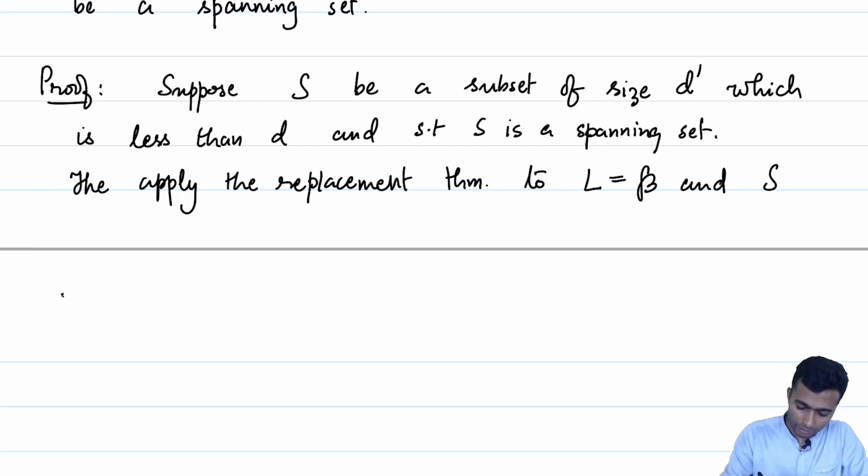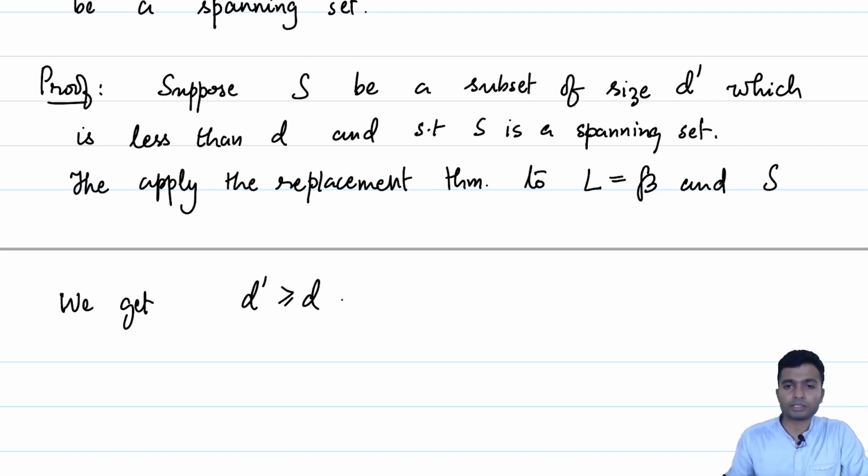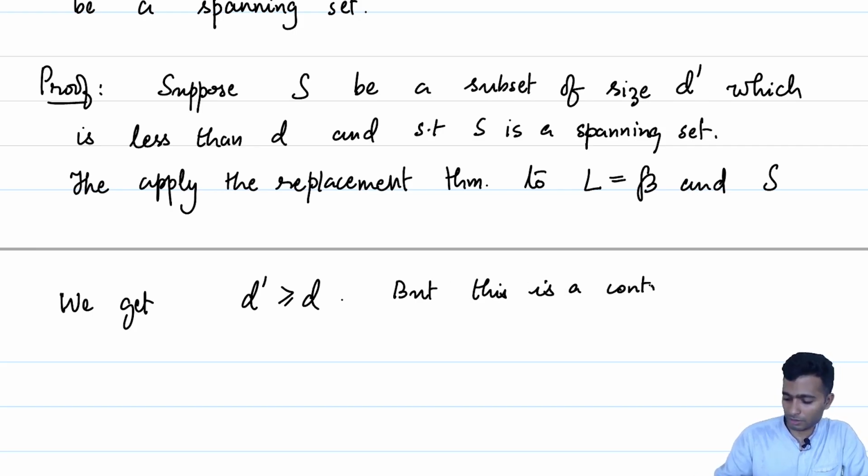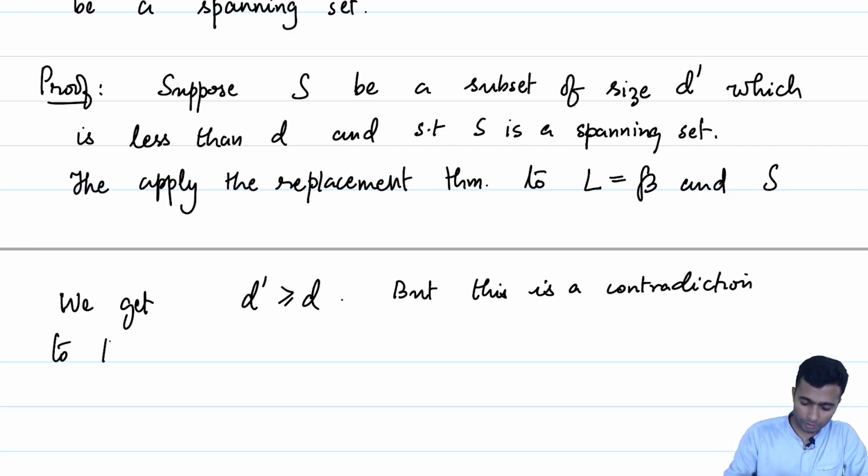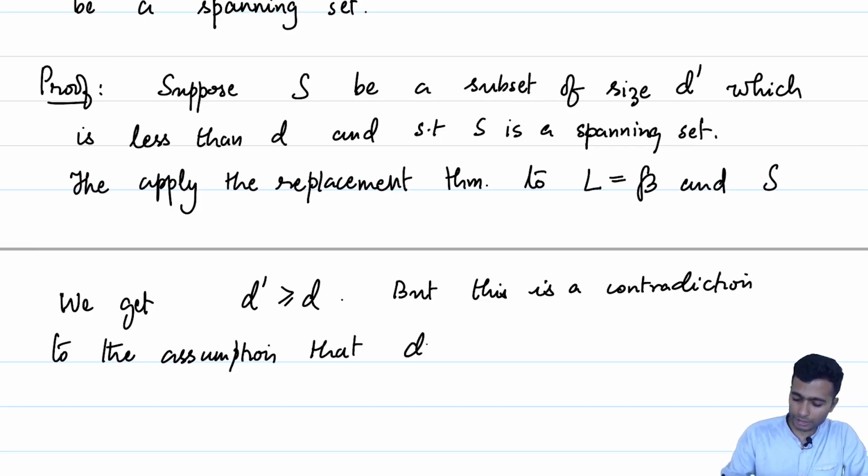Then we get by the replacement theorem D prime should be greater than or equal to D. But that's a contradiction to the assumption that D prime is strictly less than D.